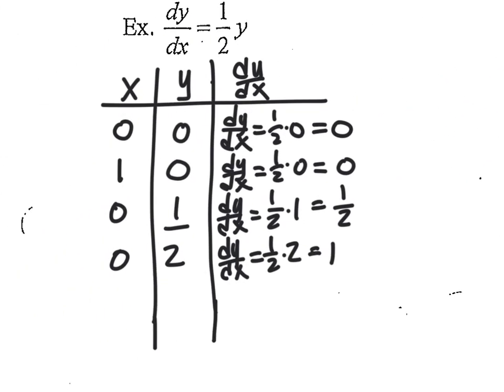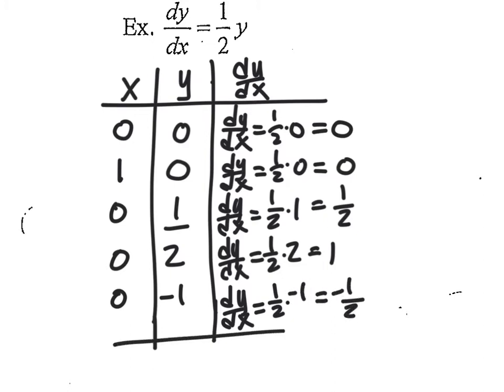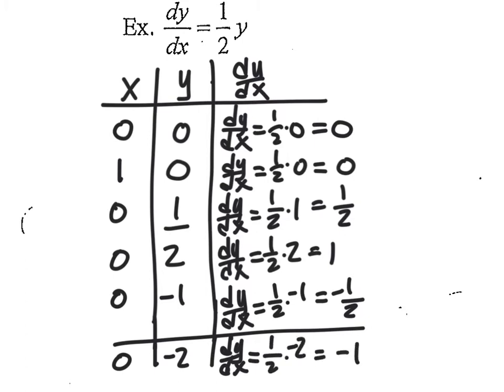Okay? Now let's see what happens when I plug in a y value of -1. Okay, and you can probably guess what's going to happen, but if I plug in the point 0, -1, then I get dy/dx is equal to 1/2 times -1, which gives me -1/2. Okay? And let's think about what happens if I plug in a y value of -2. So 0, -2 gives me dy/dx is equal to 1/2 times -2, which gives me a slope of -1.